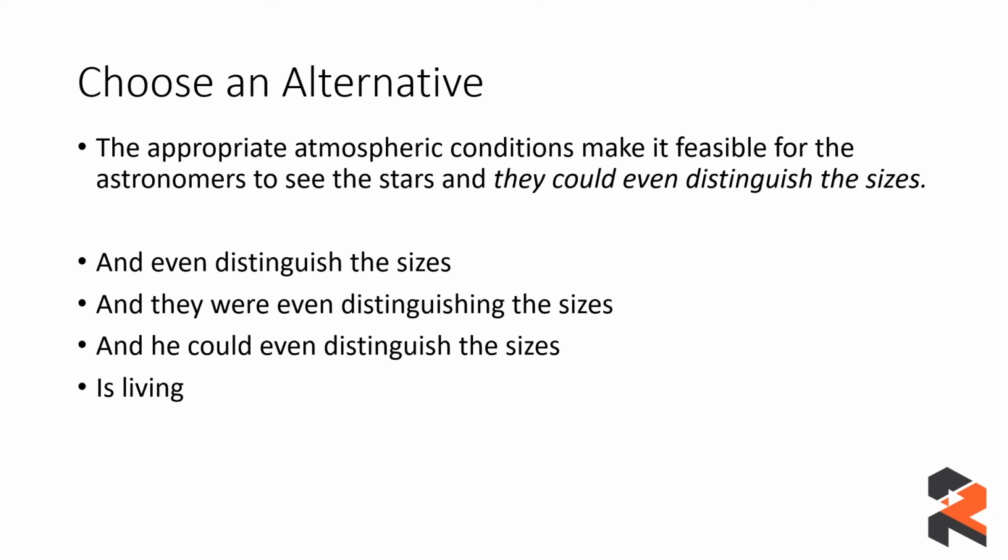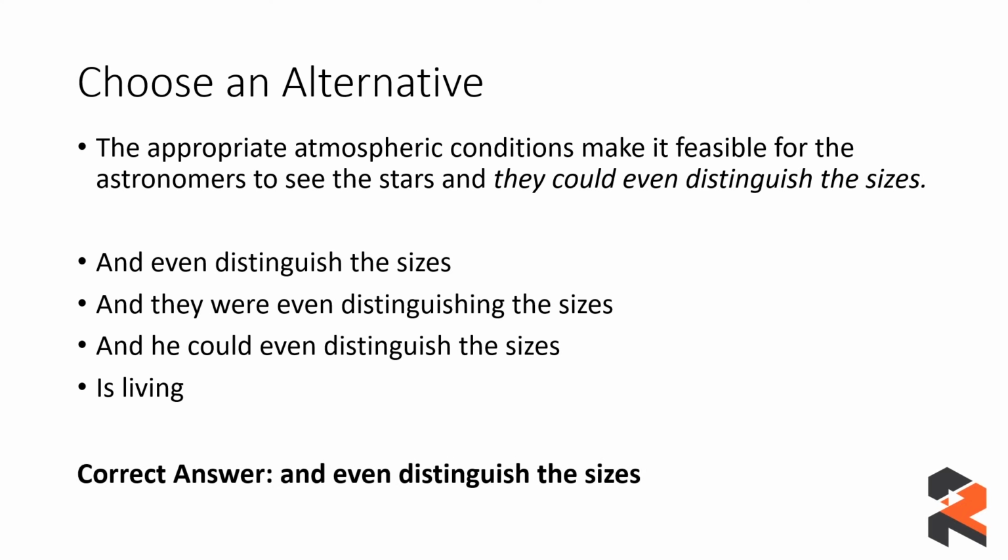So we are just talking about distinguishing the sizes. The second option says that they were even distinguishing the sizes. So we are not talking about distinguishing, we are talking about perspective. In this case, the answer will be option number 1, that is, and even distinguish the sizes.